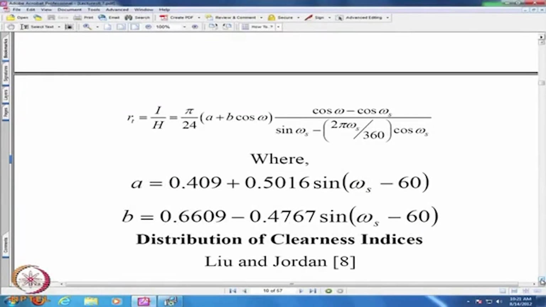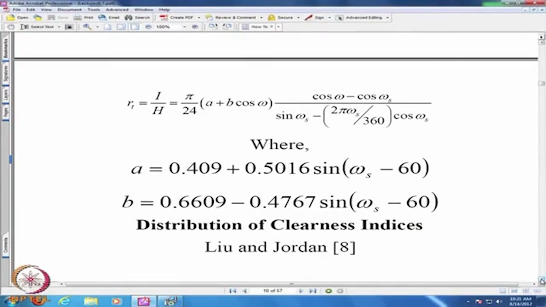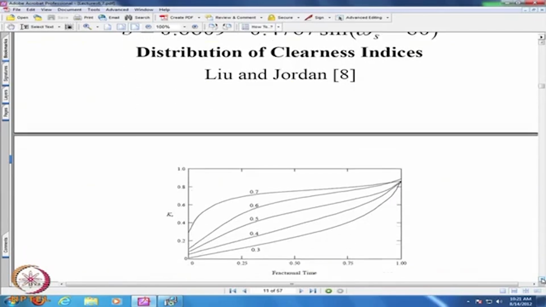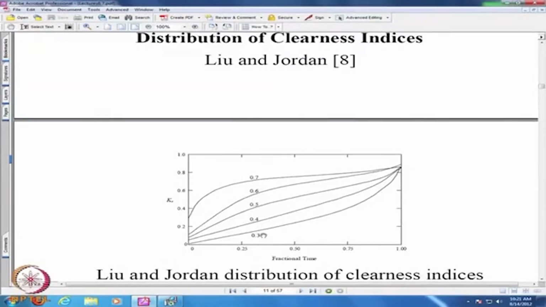A vital piece of information is the distribution of clearness indices. In other words, in terms of a cumulative frequency f, for every given average clearness index from 0.7 to 0.3, the clearness index values are plotted. To give an example, to fix the idea, it is something like a percentile score of marks.